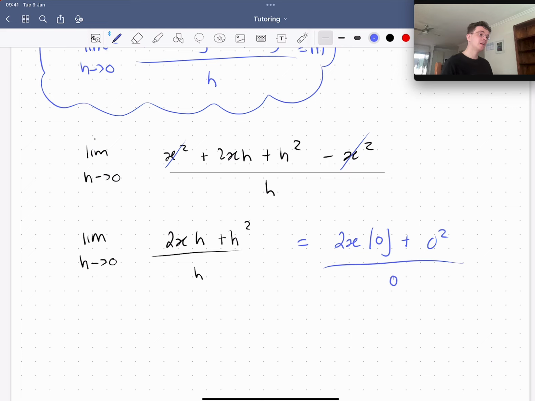But that's a problem there. We've just divided by 0. So when we differentiate, we must always find a way to cancel h from the bottom denominator.